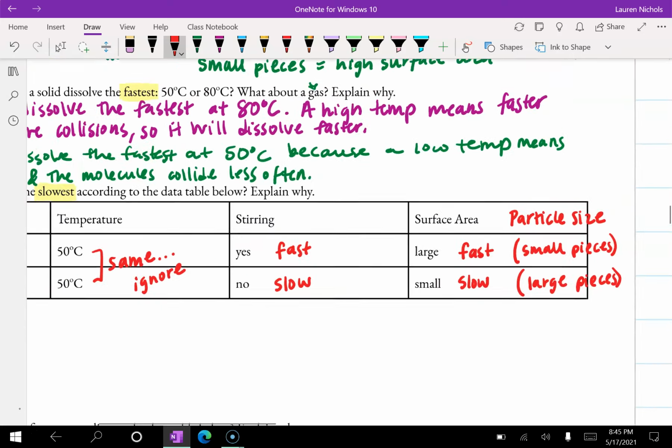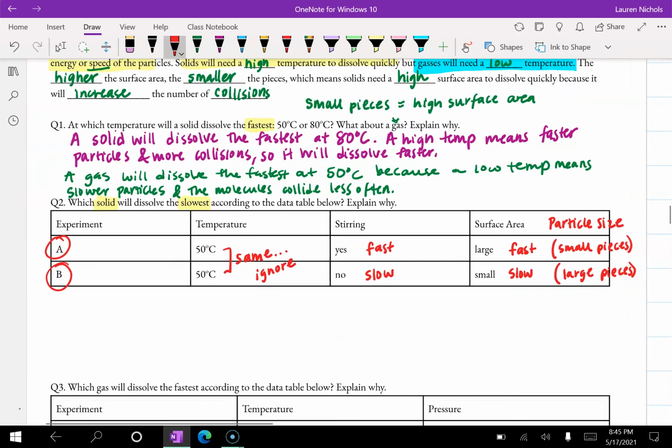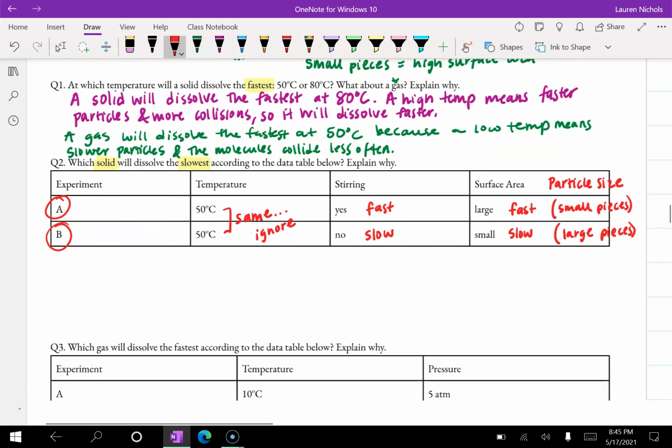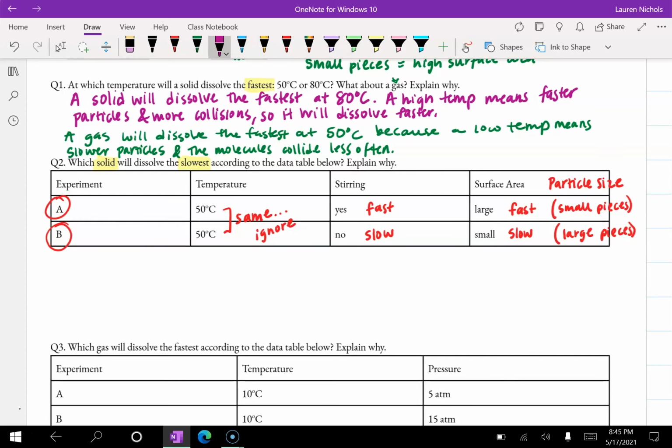So now that we've labeled these though, we can compare it to what the question asked. It said, which one will dissolve the slowest? Well, we can see that experiment B has 2 things that make it slow, whereas experiment A makes things fast.